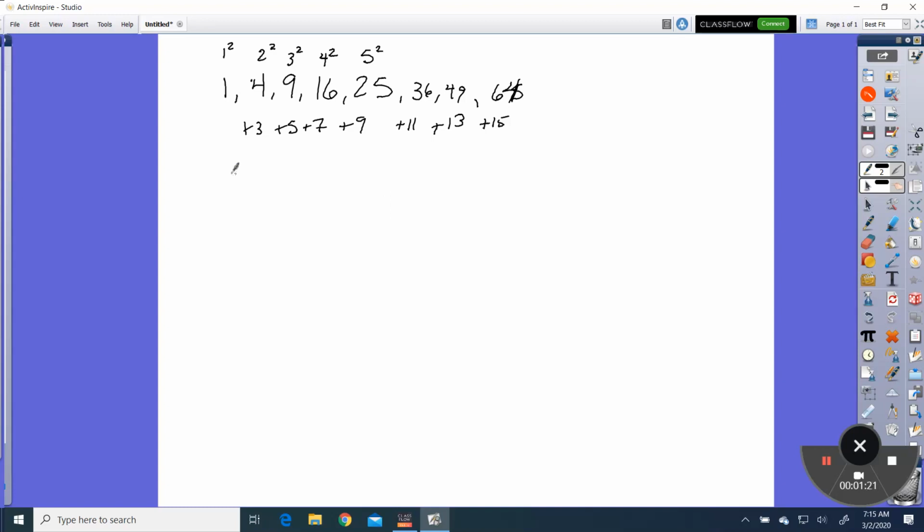This is the first term. They use the notation A1. So A1 stands for first term. What does the little A0 stand for? You hardly will ever see it. It's like the 0th term.